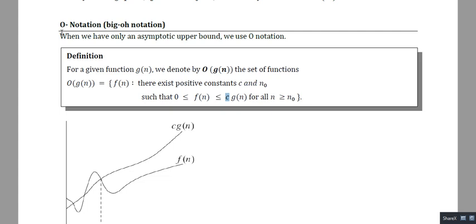So you can say this big O notation is used to find the asymptotic upper bound. Just remember, theta notation was used to find both the asymptotic lower bound and upper bound, but big O notation is used to find just the asymptotic upper bound, right? So fn should lie below this value c into Gn.